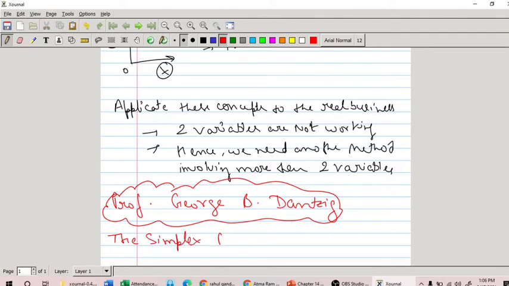The simplex method of solving LPP was developed in 1947. So 1947 is an easy year to remember for any Indian.